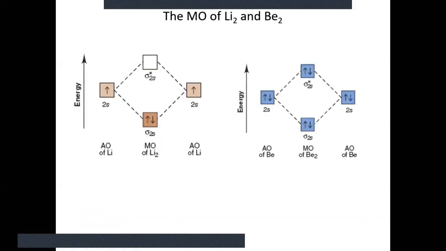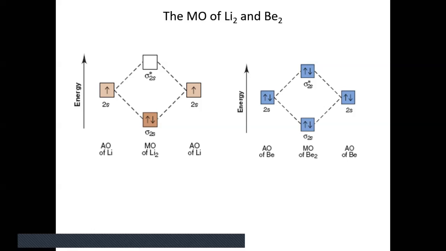But for lithium and beryllium, the bonding occurs in the sigma 2s orbital. Because each lithium has one 2s electron, so if you have 2 of them, the sigma 2s is going to be completely filled. But for beryllium, you see that we have a completely filled sigma 2s and sigma star 2s.